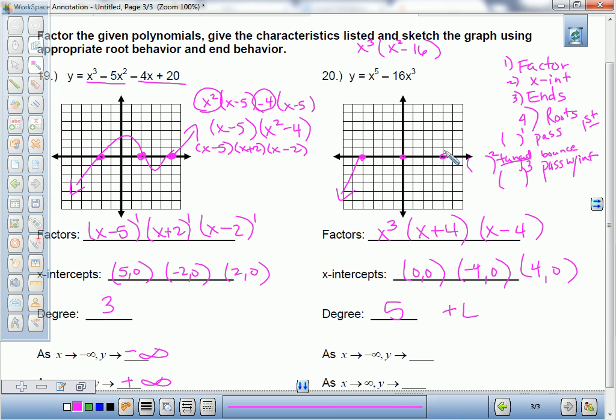Now if I look at all my factors, so that was 1 factor, 2 x-intercepts, 3, figure out what's going on with your ends. The last thing we have to do is decide what's happening at those roots. Does it pass? Does it bounce? What's the math word for bounce?